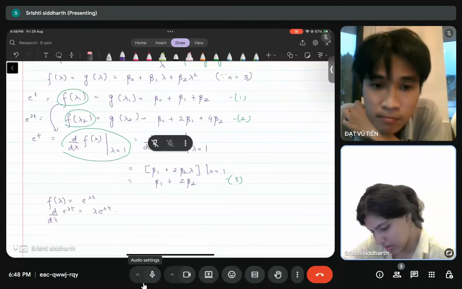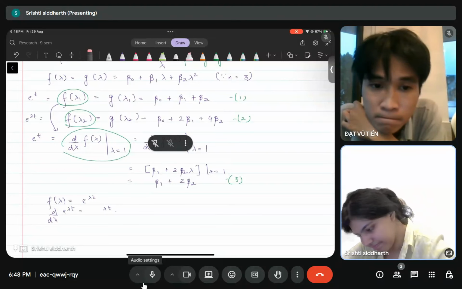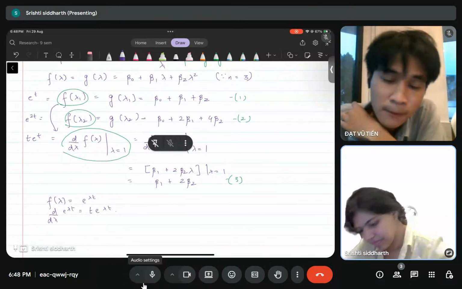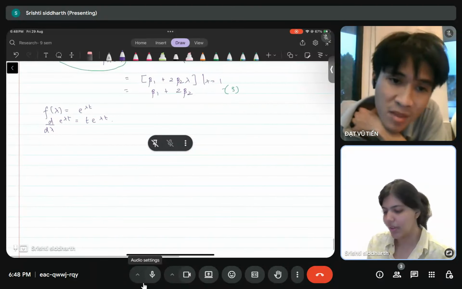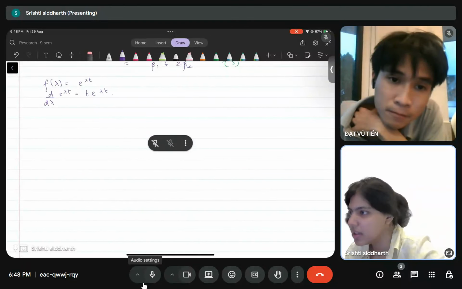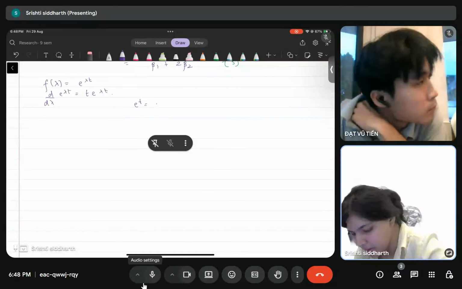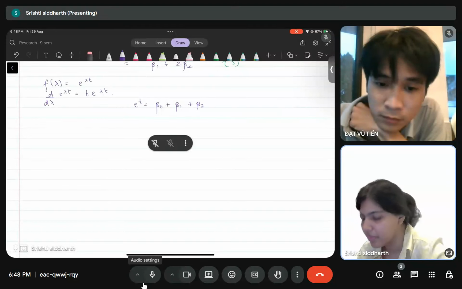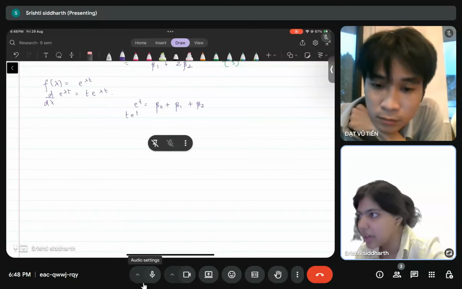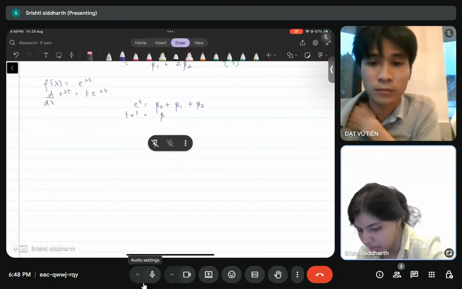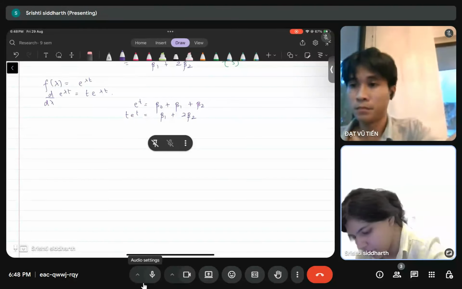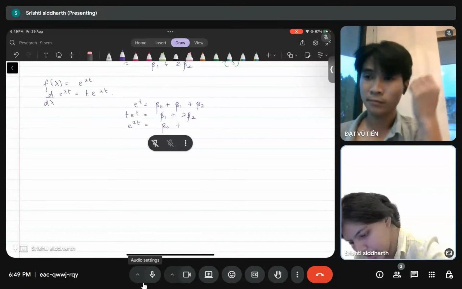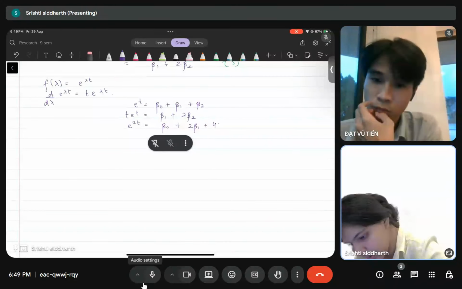So we have three equations. e to the power t equals beta 0 plus beta 1 plus beta 2. e to the power t equals beta 1 plus 2 beta 2. And e to the power 2t equals beta 0 plus 2 beta 1 plus 4 beta 2.